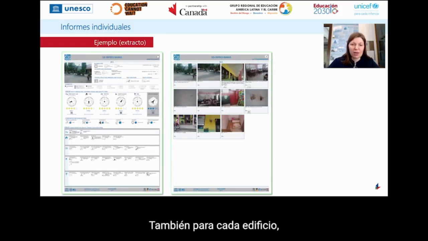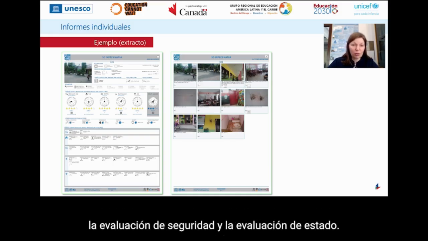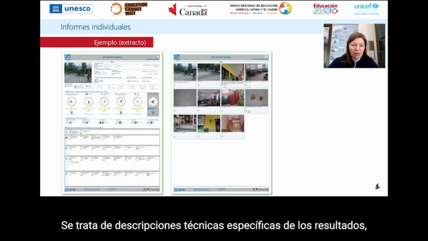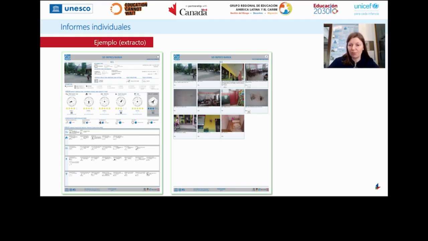Also, for each building, there are the summary of the evaluation and a very short summary of the characteristics of the building, the safety evaluation and the status evaluation. These are specific technical descriptions of the outcomes, and this is a photographic reportage done by the surveyors.